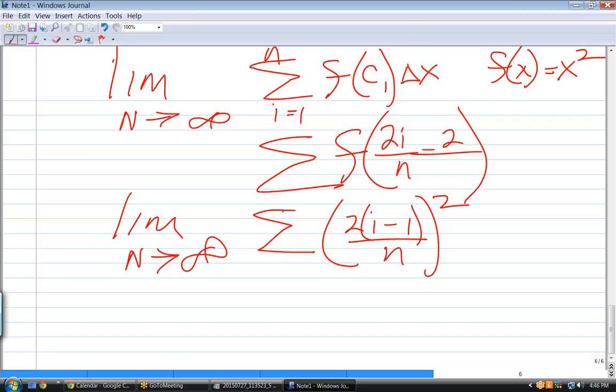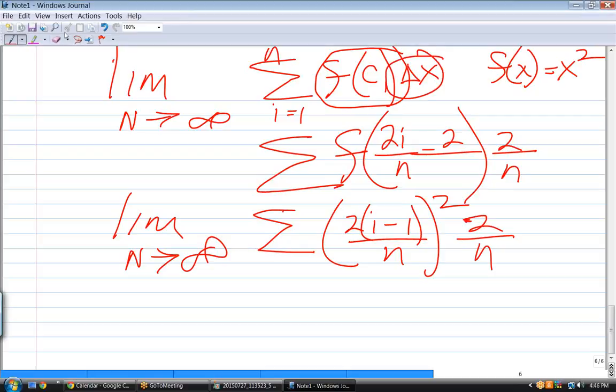In other words, we need to find f of c sub I. Which function were we doing here? Y equals x squared. Okay, so it was just x squared. And then I still have the delta x as part of the definition, and now we know that delta x is 2 over n.